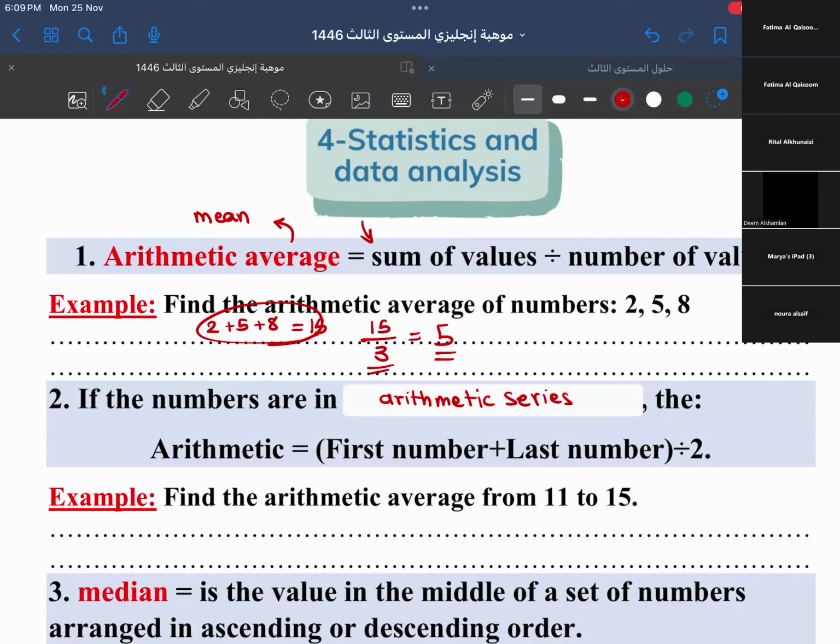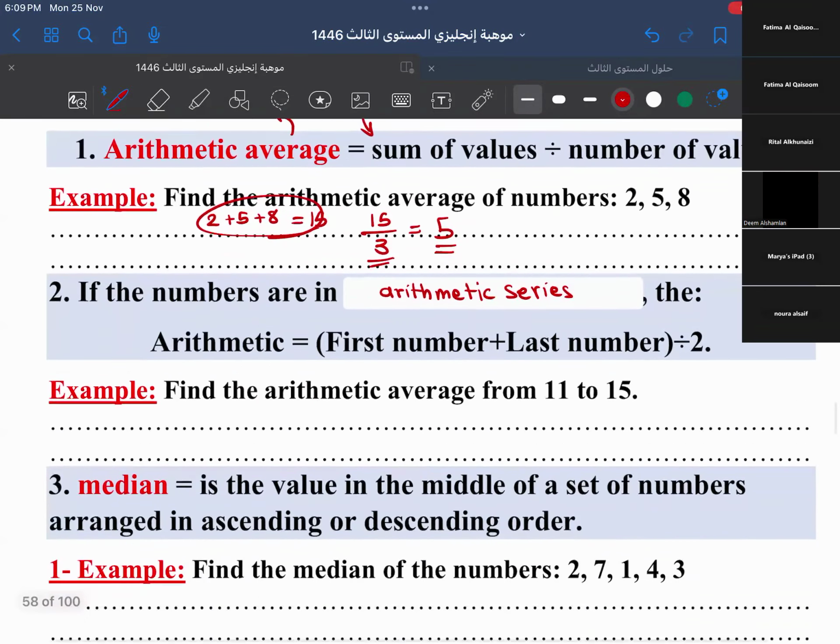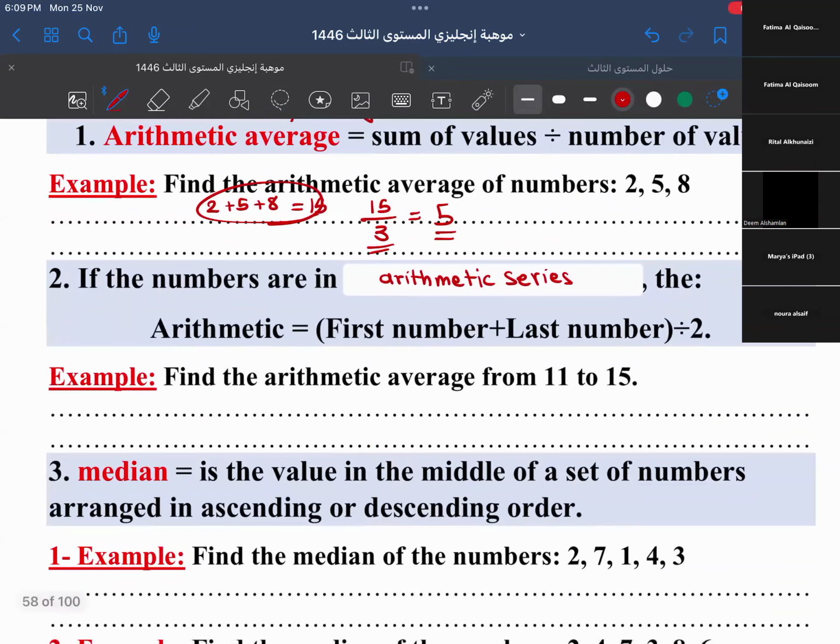Okay? So let's move on to the next one. Here they're saying that if the numbers are in arithmetic series, it means like the series that we took in patterns, when we add 2 each time or when we add 1 each time.